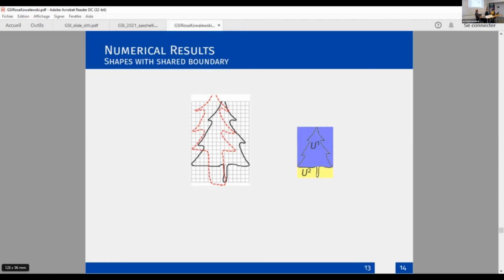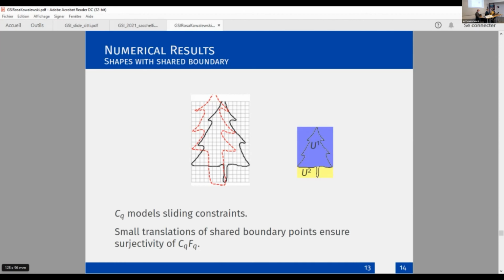So we divide it into two subshapes. One is all the region below the crown and will be deformed with the trunk. And then the other region for the second subshape is all the region above, and it's deformed with the crown of the tree.